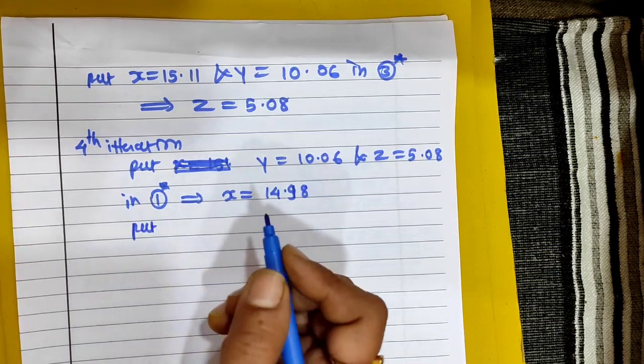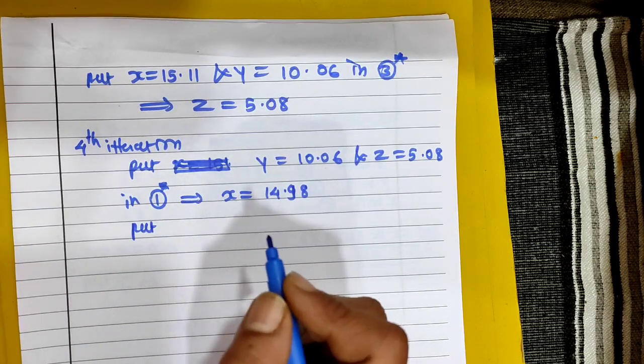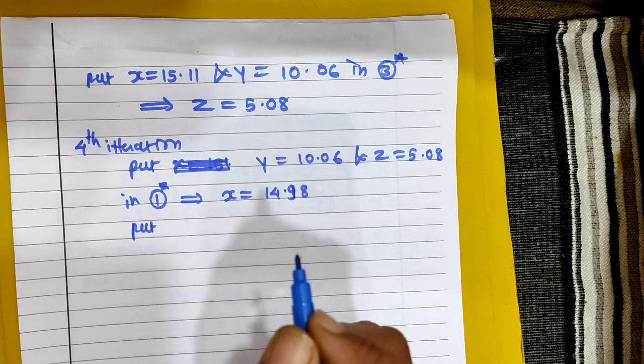Now we want the value of y. From where can we get the value of y? From the 2 star equation.